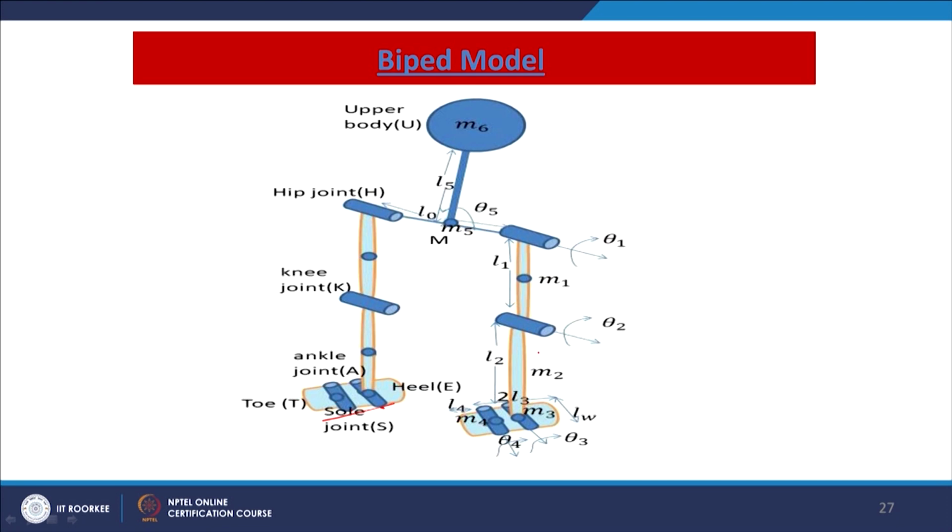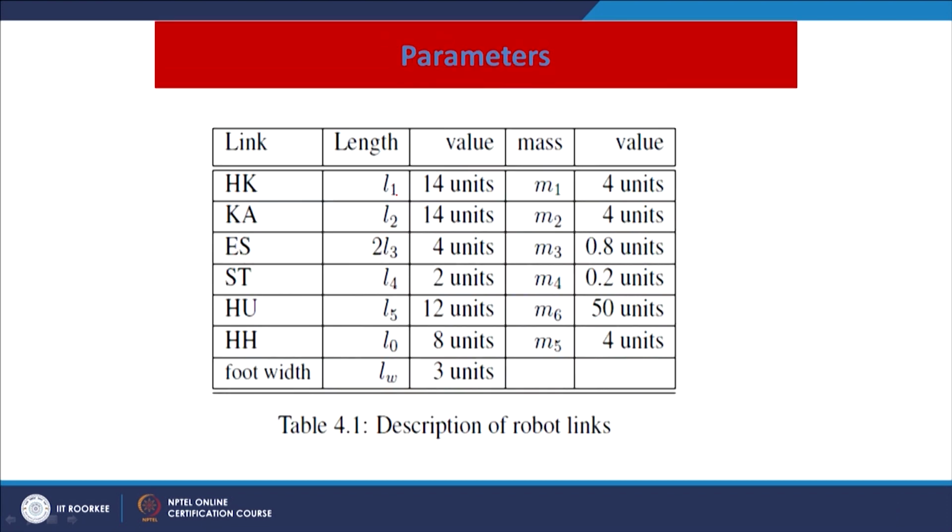So, each leg has 4 degrees of freedom, here theta 1, theta 2 and then theta 3, theta 4. Totally 2 legs have 8 degrees of freedom, and there is a bending of the upper body from one side to the other. So, there are totally 9 degrees of freedom for the robot manipulator for the walking purpose.